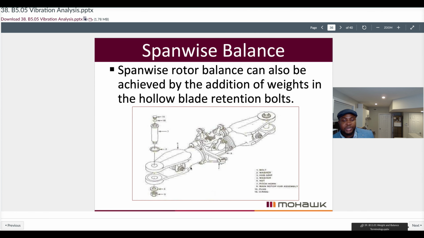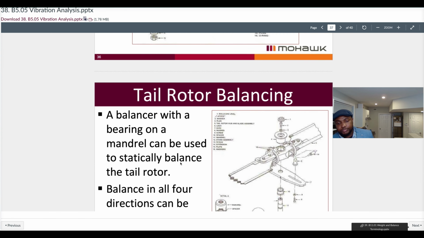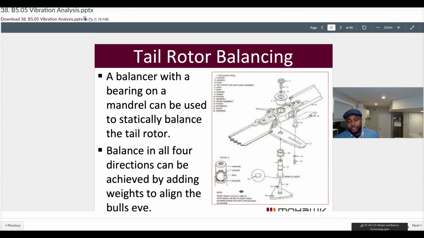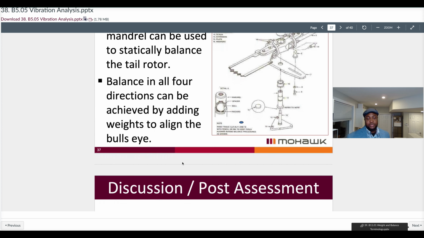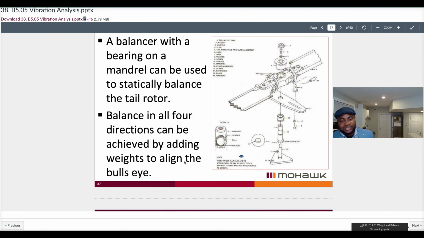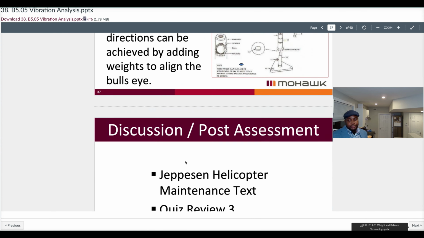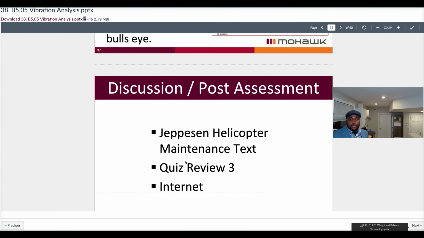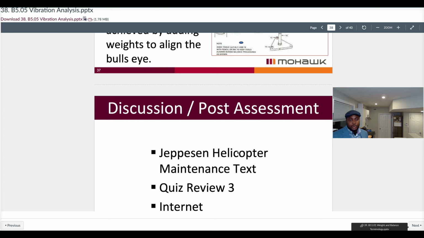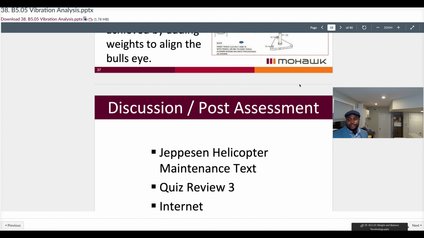With regards to span-wise rotor balance, this can be achieved also by adding additional weight in strategic locations in the hollow parts of the blade retention bolts. Just like we can balance main rotors, we can also balance our tail rotors in terms of mass distribution. And that concludes vibrations for helicopters.